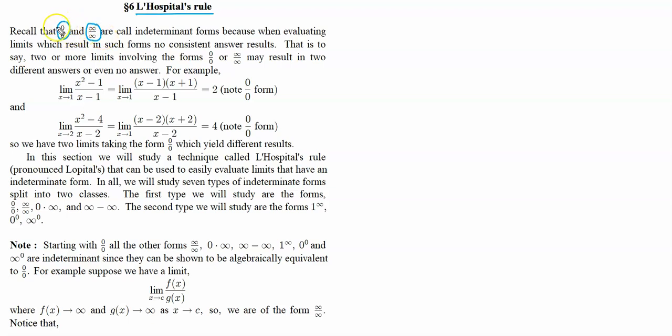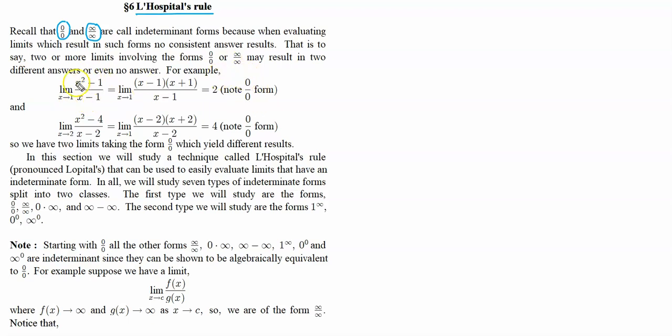Now, to see why we can't assign a value to 0 divided by 0, consider these two limits here. The first one, we have the limit as x approaches 1 of x squared minus 1 divided by x minus 1. Now notice that is of the form 0 over 0, because if we put 1 in for x in the numerator and denominator, we get 0 over 0, so it is of this form.